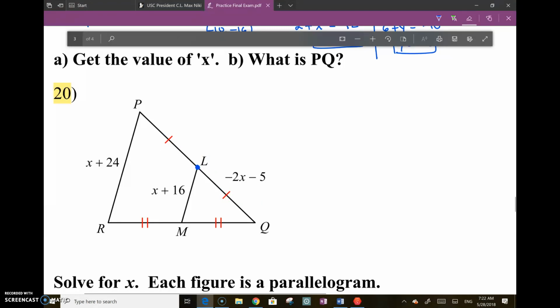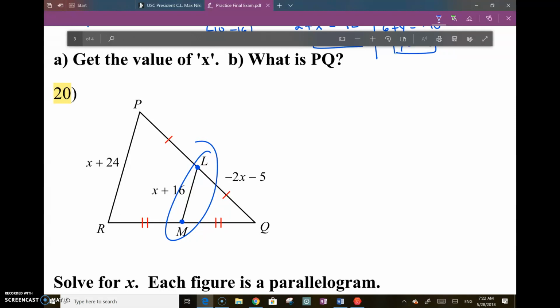And if we look at the opposite side, we have the same type of markings, and that means that point M also must be the midpoint of its side. So what we're looking at here is a midsegment of this triangle, PQR.